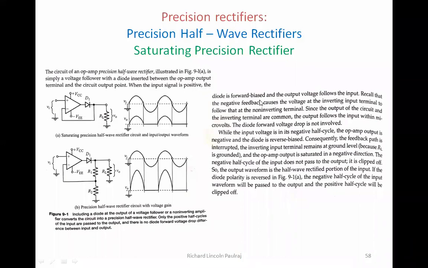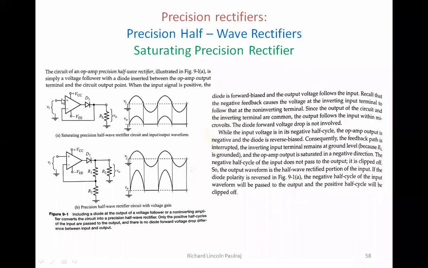That's the beauty of having a diode: we make use of the property that it works when forward biased. The output voltage follows the input, and negative feedback causes the voltage at the inverting input terminal to follow that of the non-inverting terminal. Since the output of the circuit and the inverting terminal are common, the output follows the input within microvolts. The diode forward voltage drop is not involved.